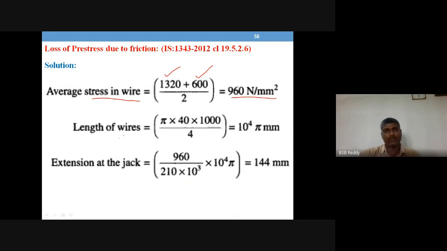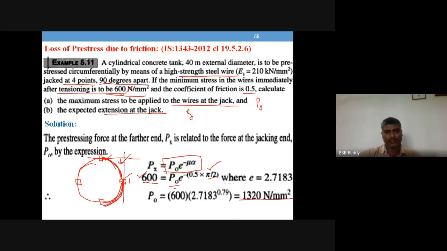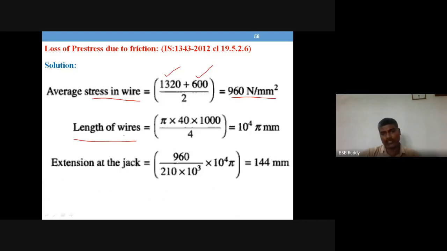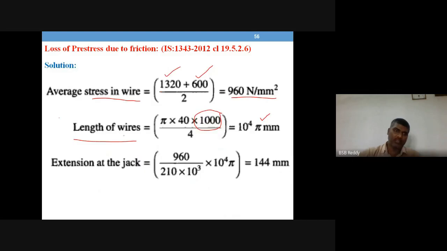Average is this, and the length of the wire is pi d by 4. Pi d is the circumference, one fourth of the value, pi d by 4. This is to convert that into mm. This much is the length of the wire. And if you want the extension, question B you are working out: stress by Young's modulus is the strain.